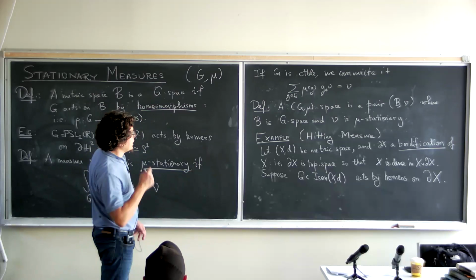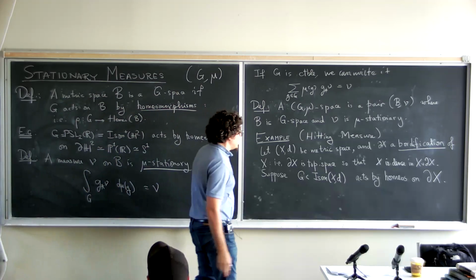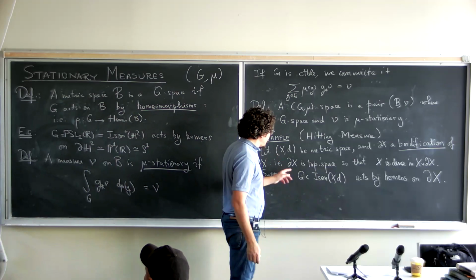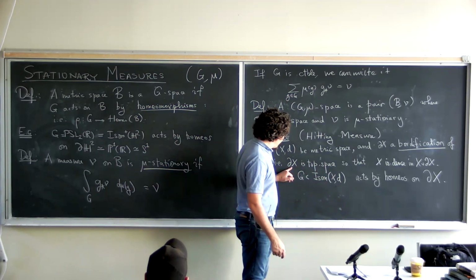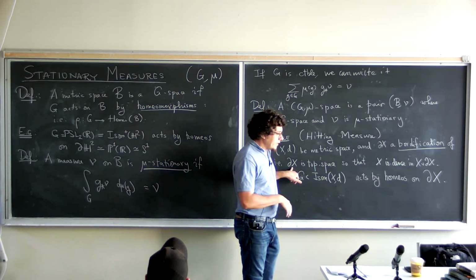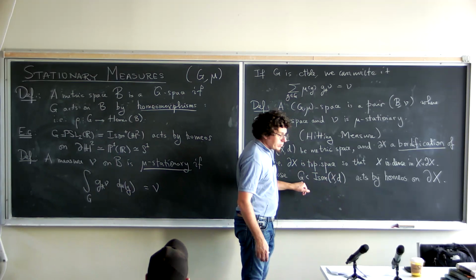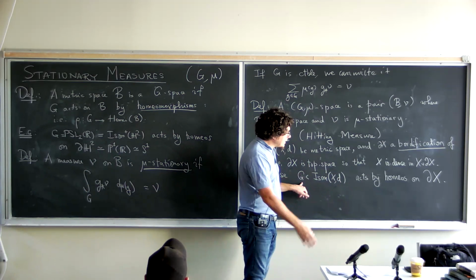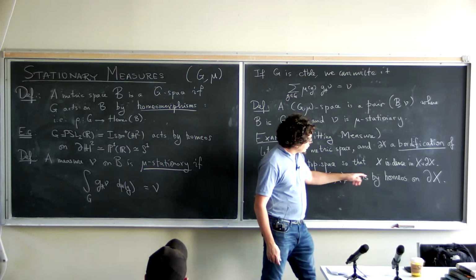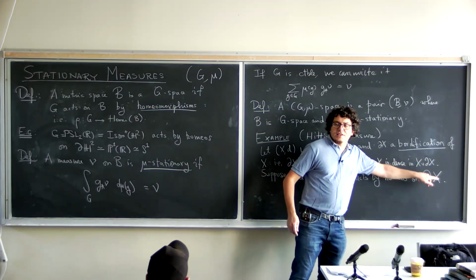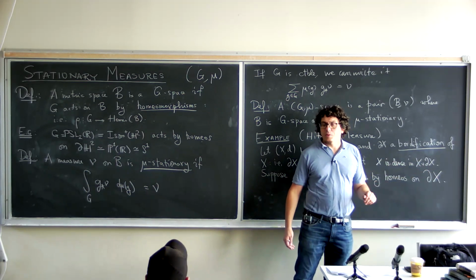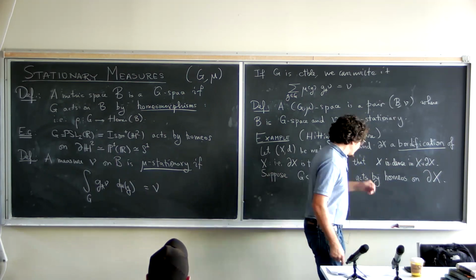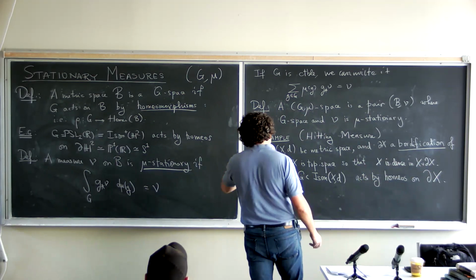So in most cases where we have a boundary, this is the case. We have a metric space, we have G acting by isometries, and then there is some way to define some boundary. For this boundary, the group action extends, but of course it extends not by isometries on the boundary, but by homeomorphisms. Okay?